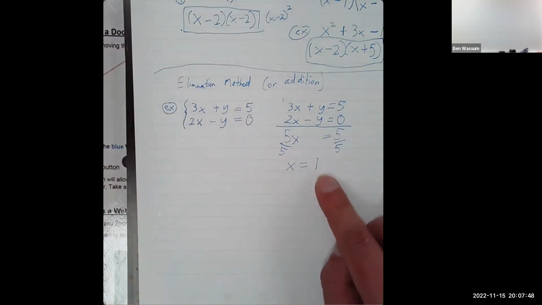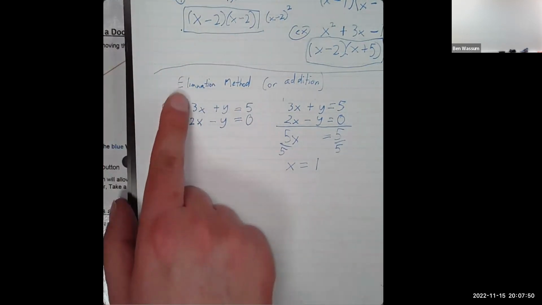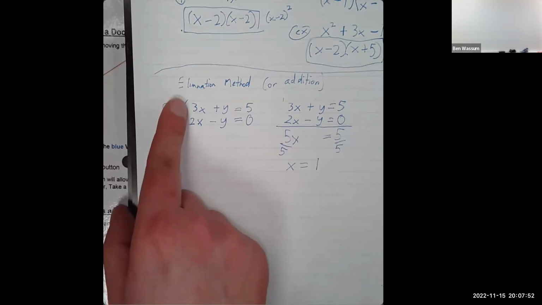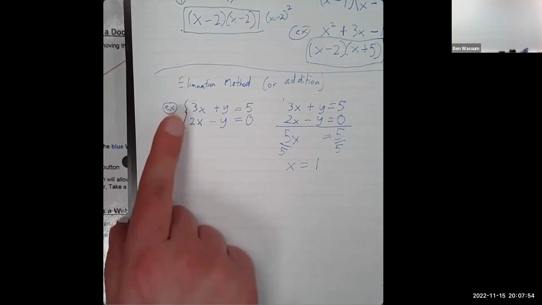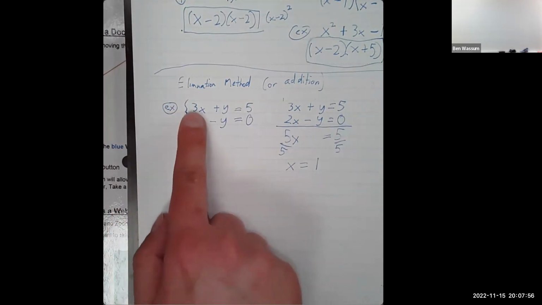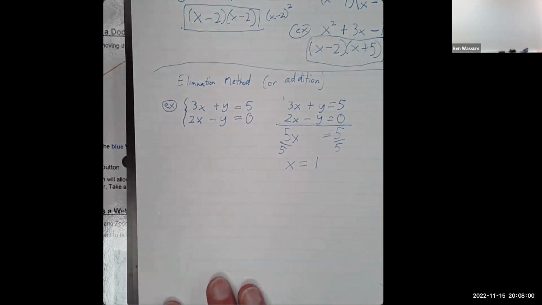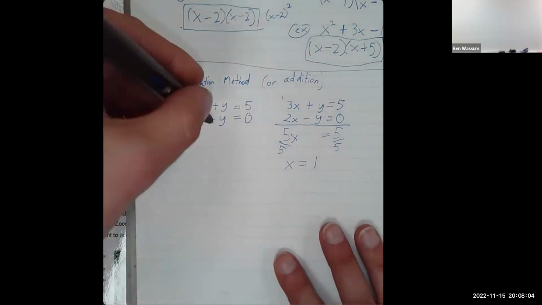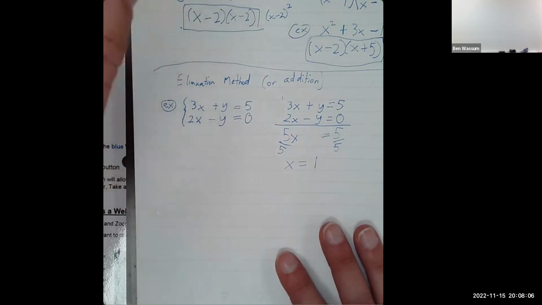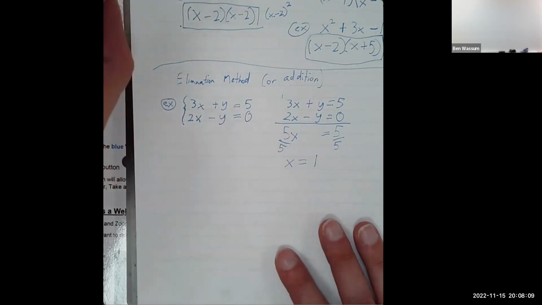It doesn't actually matter which of these I plug that 1 into, because if I plug 1 into here, or into here, and solve for y, both of them are going to give me the same number. Because again, that is where these two lines cross each other. So that point is the same on both of those lines.